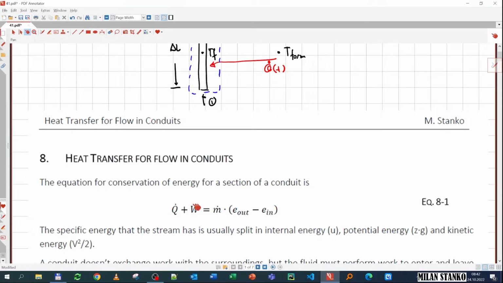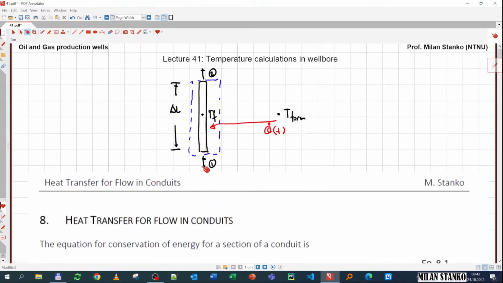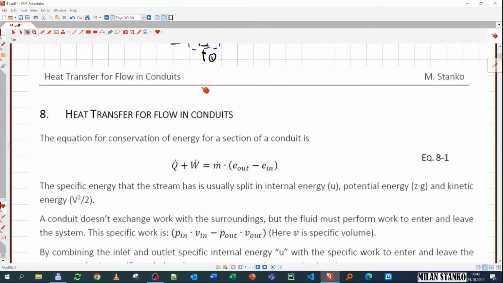We have some work, and typically we don't have any shaft work like in a pump, a compressor or a turbine, with work flowing out and into the volume, but we have some work that is done by the fluid by pushing itself in, and getting pushed out. That's some sort of piston work that I express with PV, and I should include it because I have that work there.